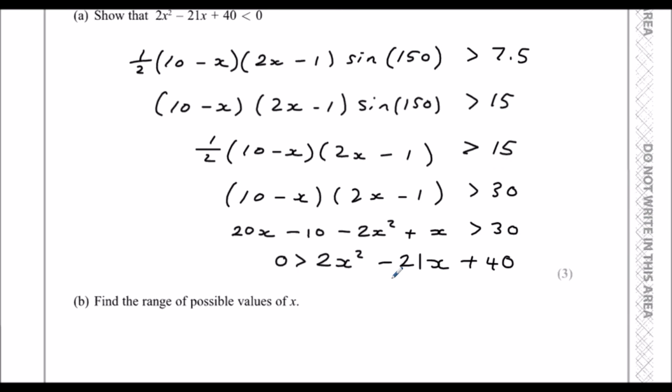And then all we need to do is rewrite it with our quadratic on the left side, and it's still going to be less than 0. So 2x squared minus 21x plus 40 is less than 0.